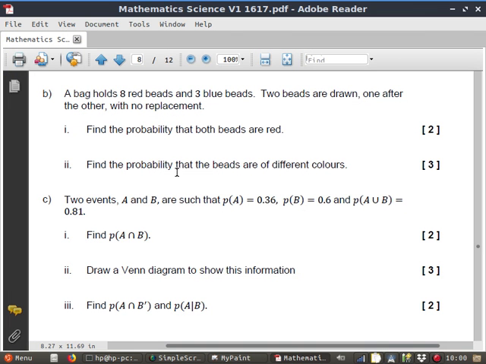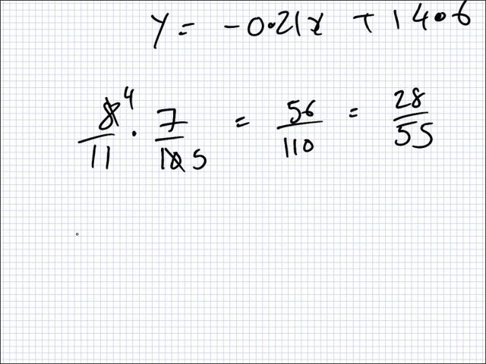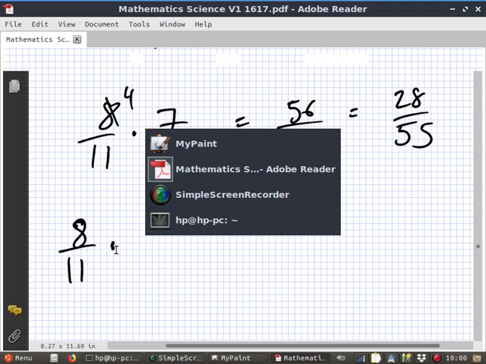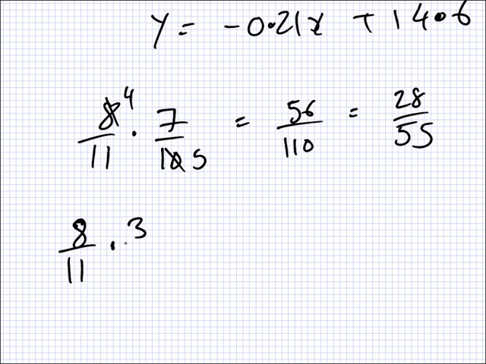For the probability that they're different colours, that's going to be 1 minus both the same colour. Or actually you could just do red blue plus blue red. Red, how many blues? 3.